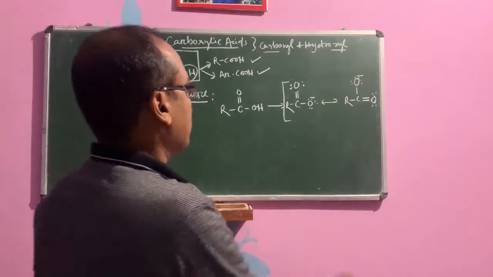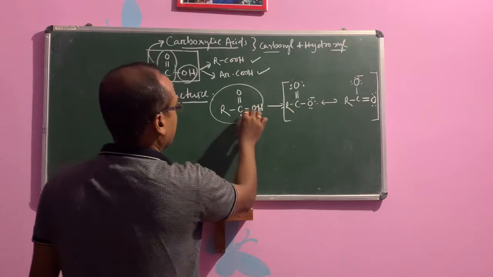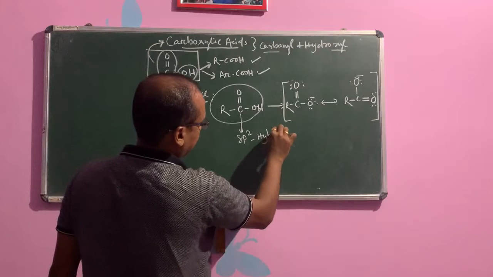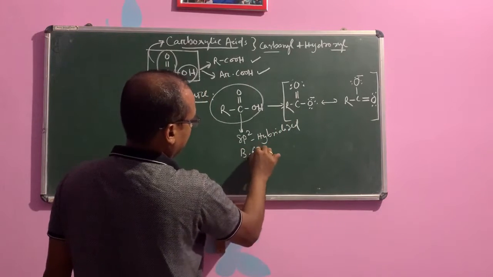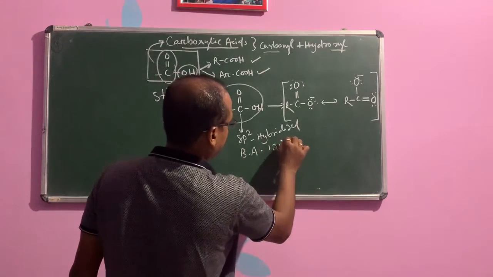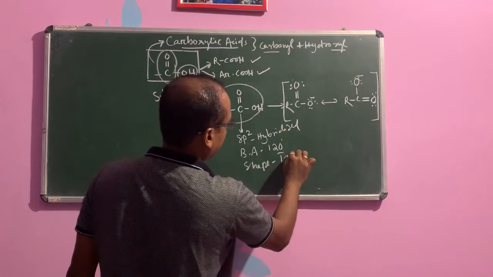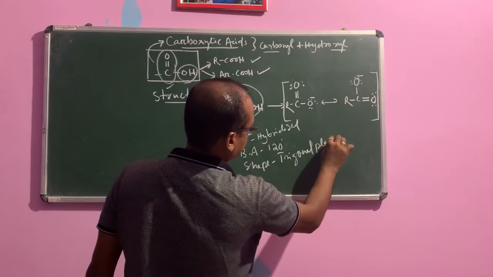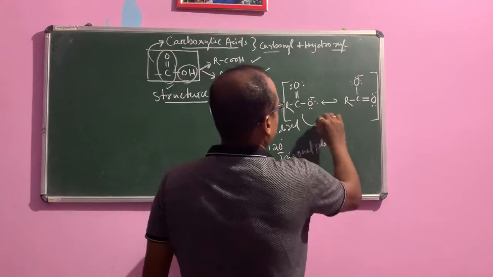So these are two resonating structures. The carbon is sp2 hybridized and the bond angle is 120 degrees, in a trigonal planar manner.